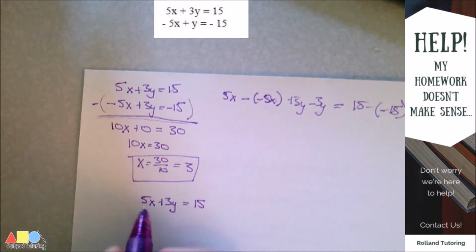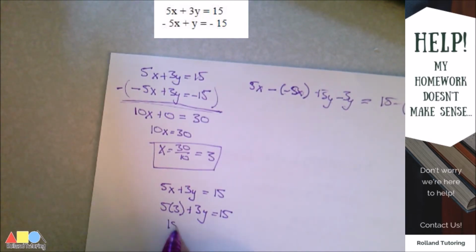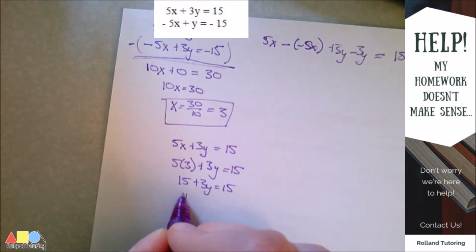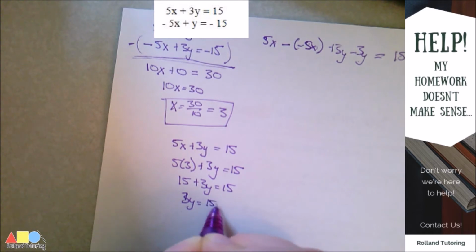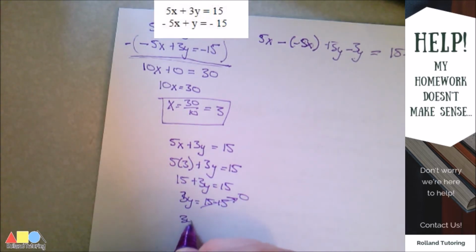I now have x equals 3, so I have 5 times 3 plus 3y equals 15, which gives me 15 plus 3y equals 15. We keep going with that, we get 3y equals 15 minus 15, which goes to 0. So I get 3y equals 0, which goes to y equals 0.